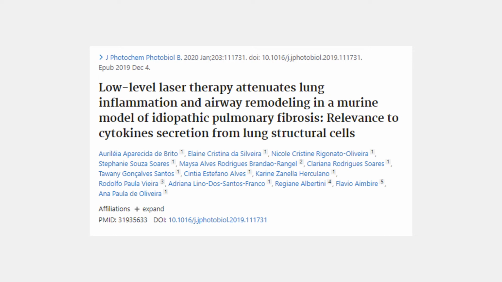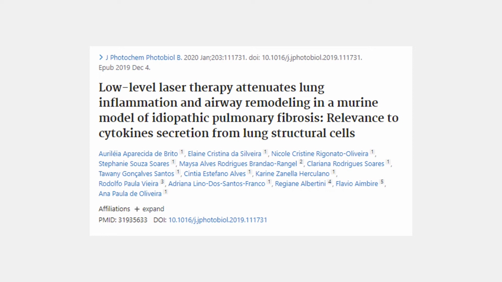This study is interesting in that it looks at laser therapy attenuating lung inflammation. Now, this study was published in the year 2020. Interestingly enough, 6 years before that, there was an individual, a chiropractor from California by the name of Dr. Andy Hall, who was diagnosed with idiopathic pulmonary fibrosis.